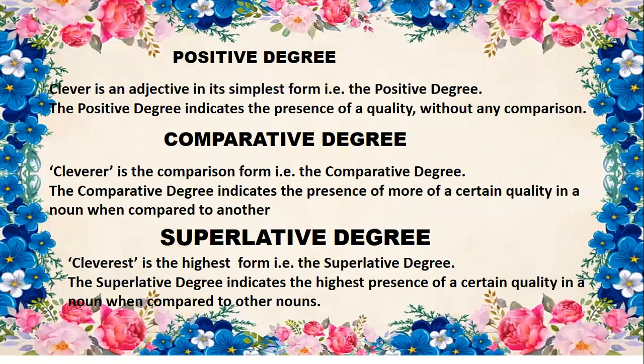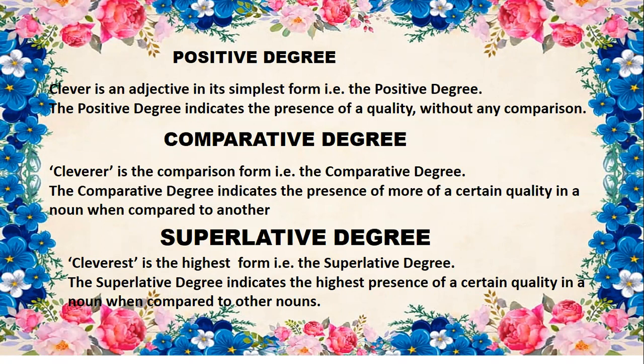Cleverer is the comparison form, that is the comparative degree. The comparative degree indicates the presence of more of a certain quality in a noun when compared to another. So we were comparing Sunil with Anil. So the word cleverer we used.